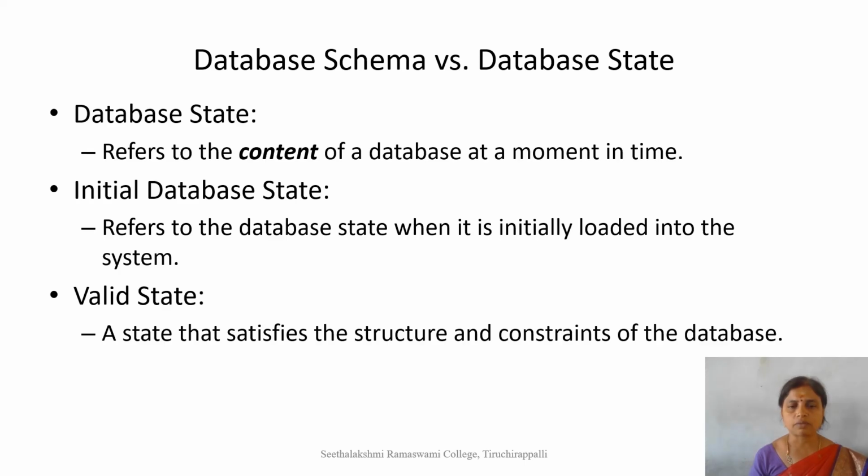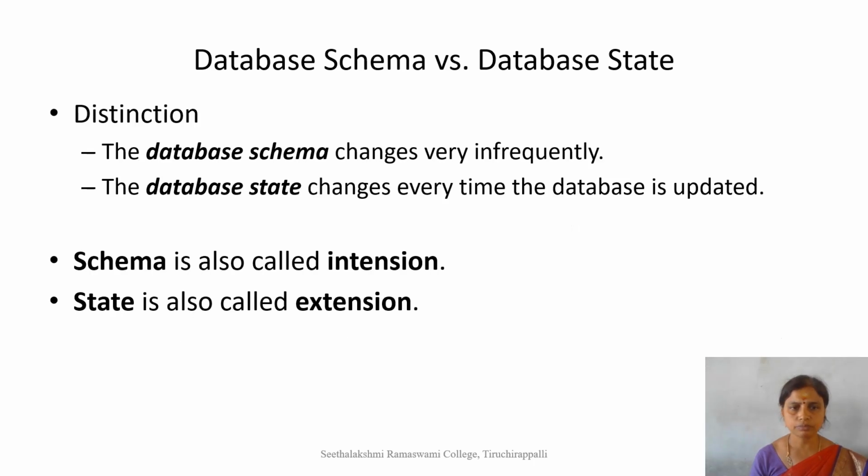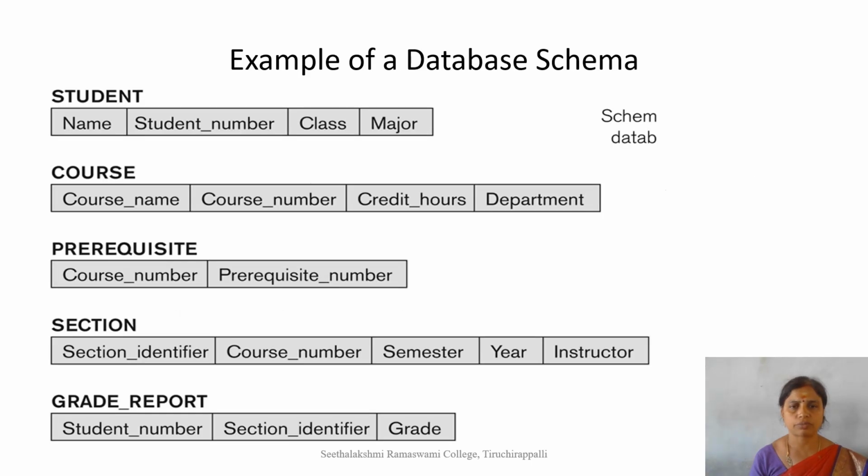A state that satisfies the structure and constraints of the database. So the main difference is that the database schema changes very infrequently, but the database state changes every time the database is updated. So schema is called intension, state is called extension.